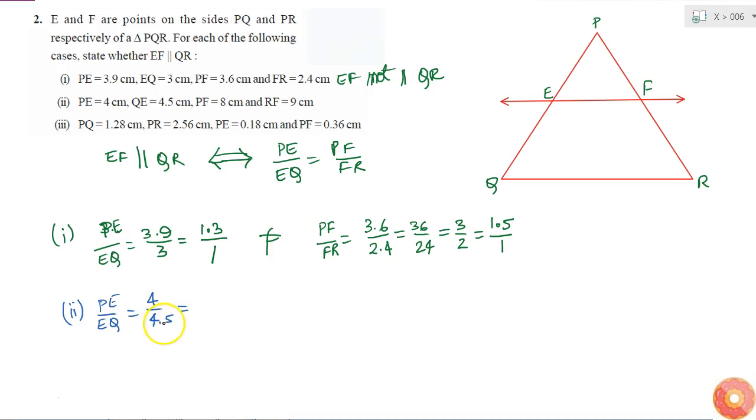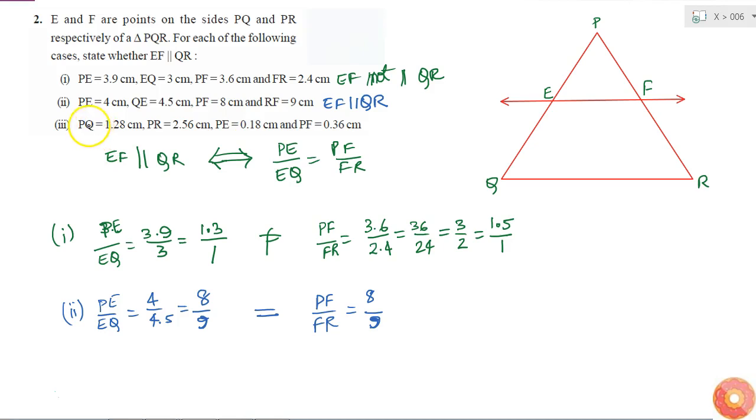If I multiply by 2, I will get integers, so it will be 8 by 9. And similarly, PF by FR, what is that? 8 centimeter by 9 centimeter. So I can clearly see that these two ratios are equal. So in this second case, EF is parallel to QR.